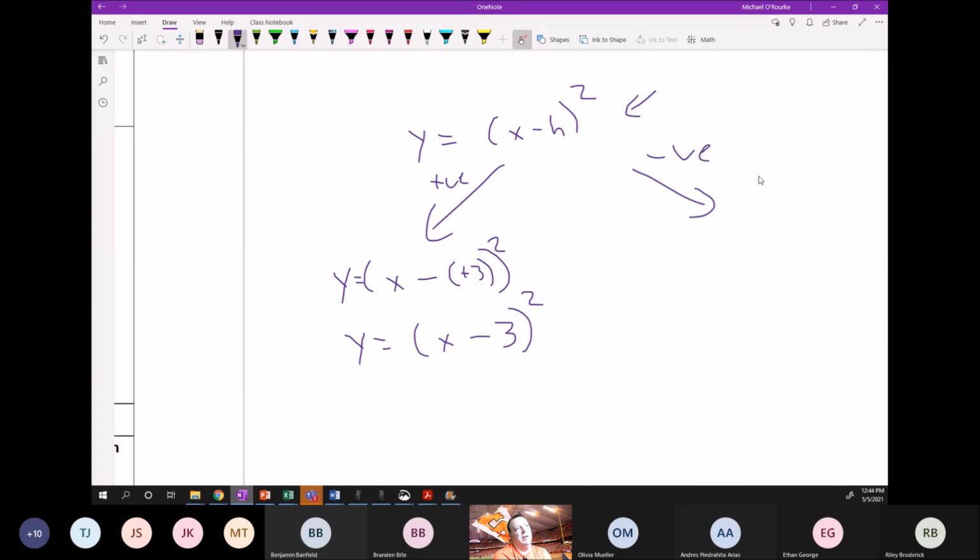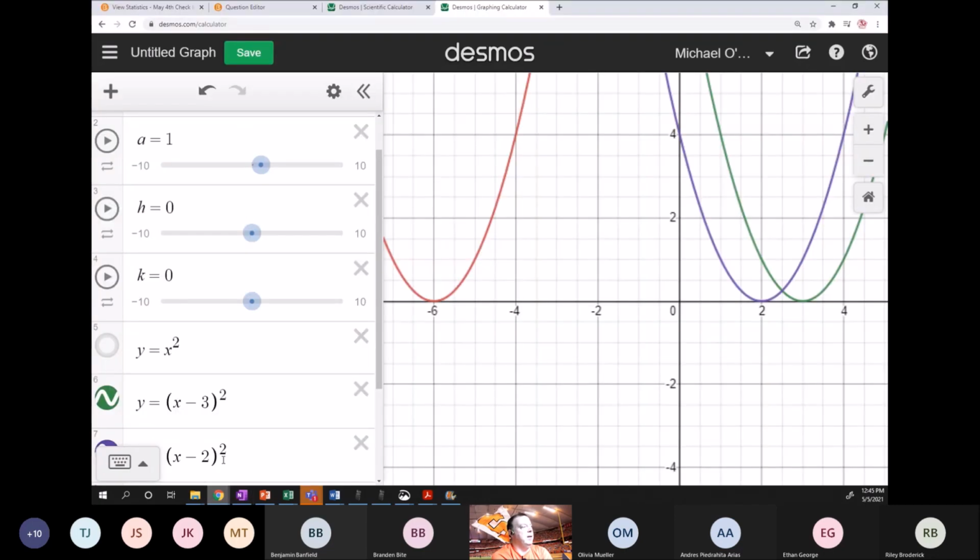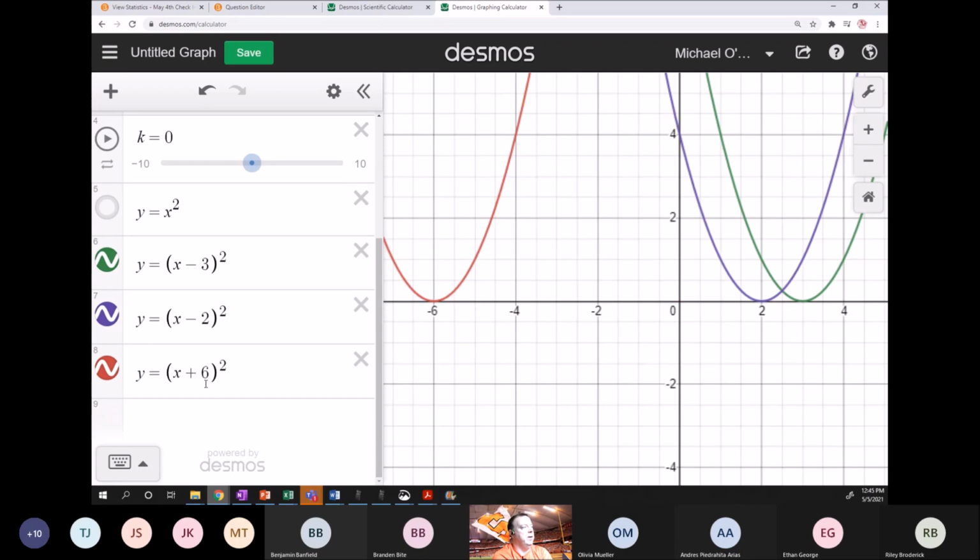Because it's actually a positive number in there, but the negative number switches it. Just as I put a negative in here, let's put a negative 6 in there. Y equals x minus negative 6. When I simplify this, a negative times a negative equals a positive. And that is why this one that appears to be positive right here goes this way.